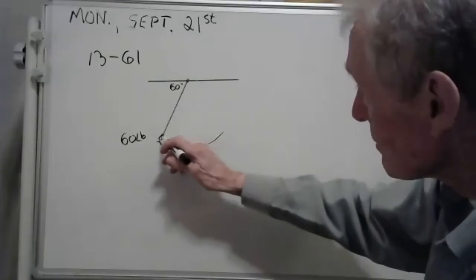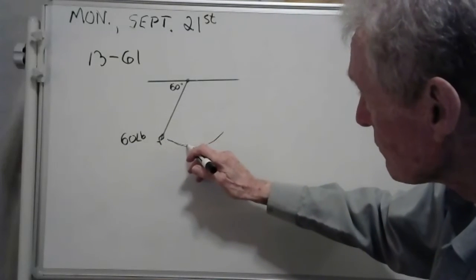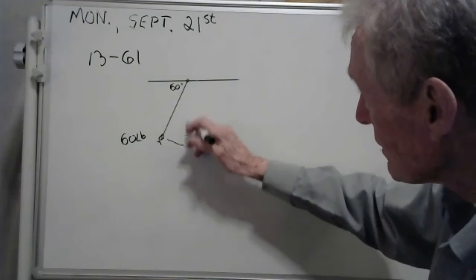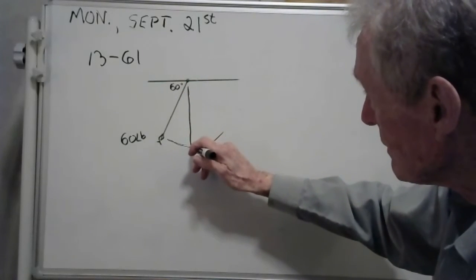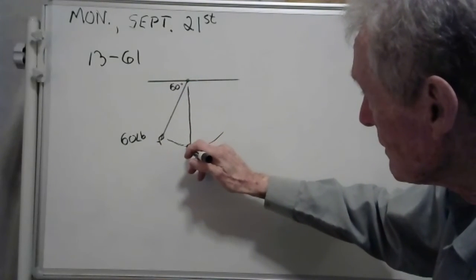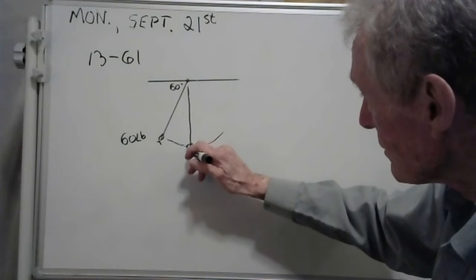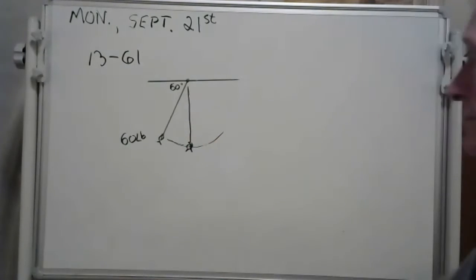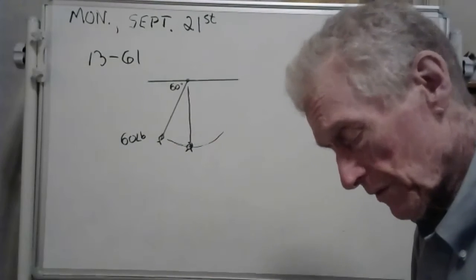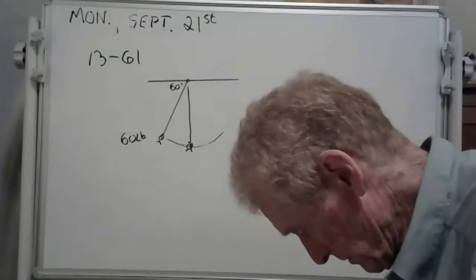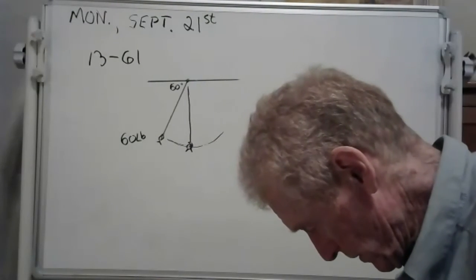See, he's going to come down here and go faster and faster. And when he gets down here to 90, he's going to have a velocity. They want to know what it is. Determine the speed and the tension.